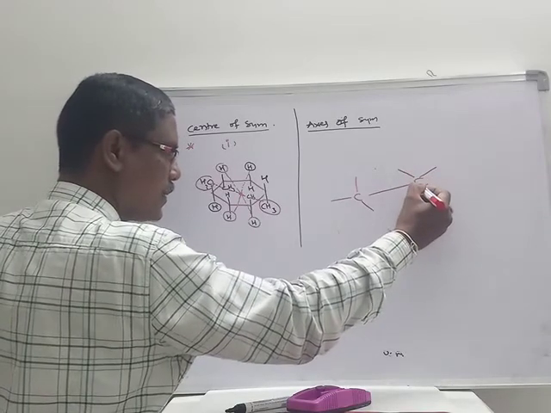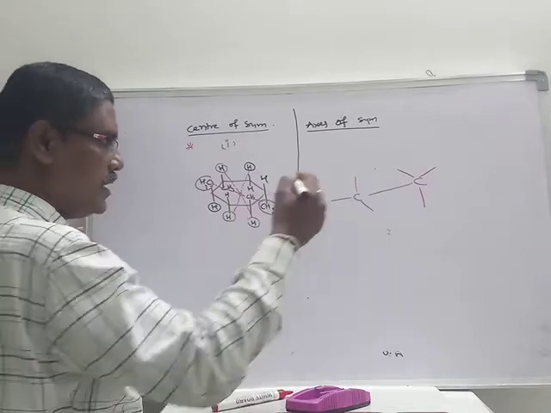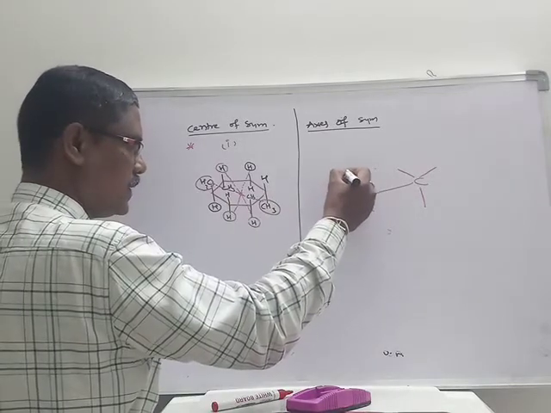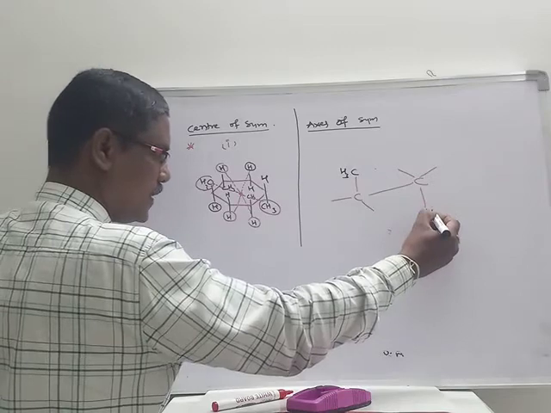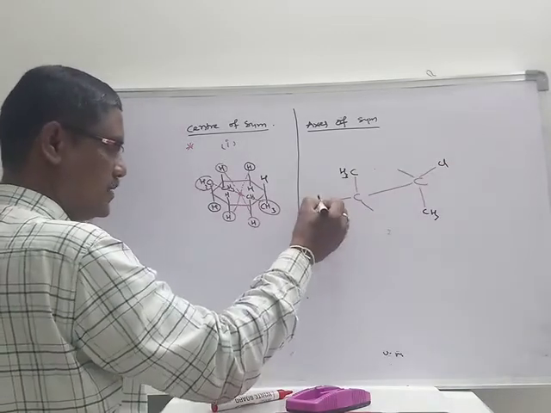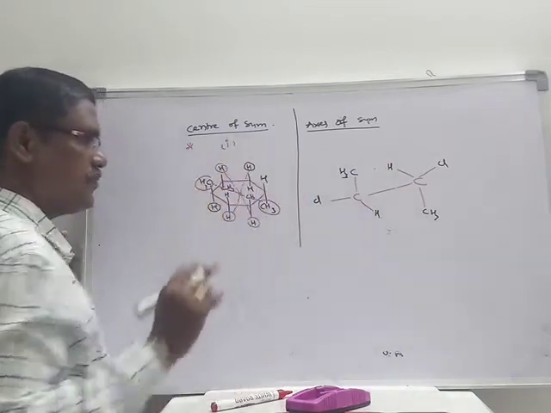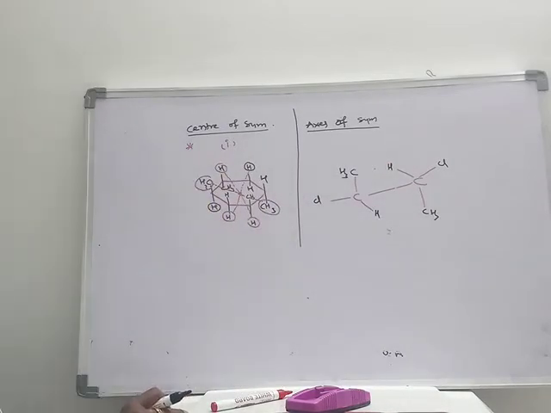I am writing here CH3, here CH3, here Cl, here Cl, here H, here H. This is the one molecule.